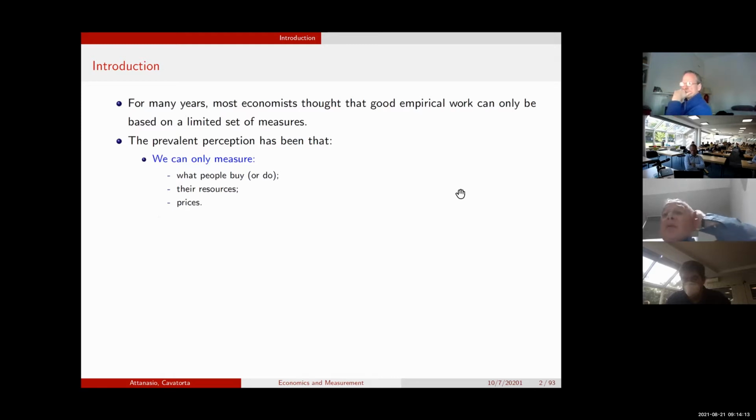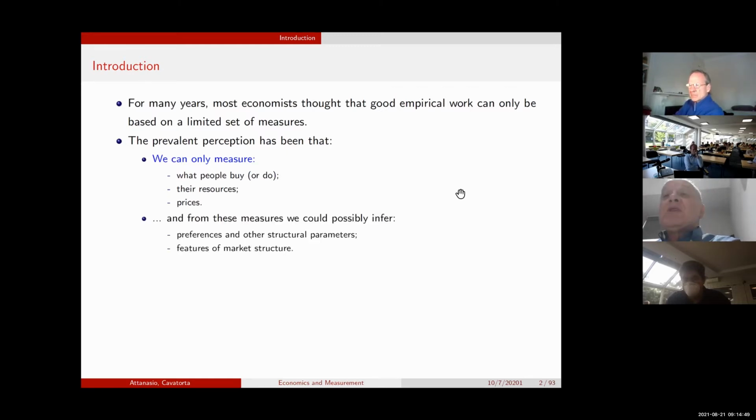And so the prevalent perception, not uniformly, but as we discussed, was that we can only measure what people do, choices, and so what they buy, whether they work, how much they work, and so on. Measure their resources, their income, for instance, or their wages, and prices. When they buy apples and pears, we will know the prices of these objects.